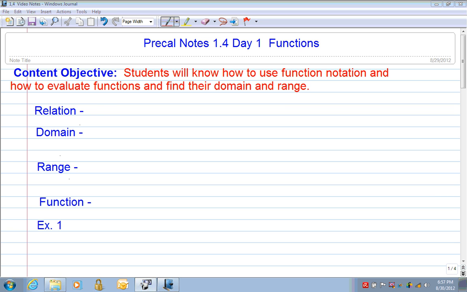Let's start with what a relation is. A relation is a set of ordered pairs.